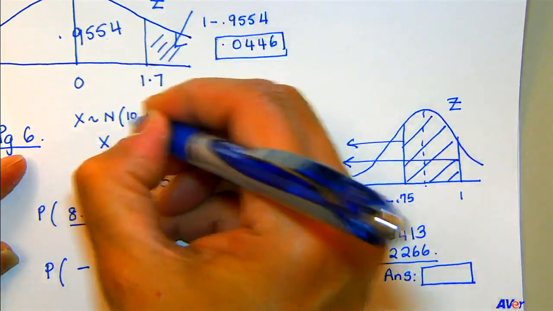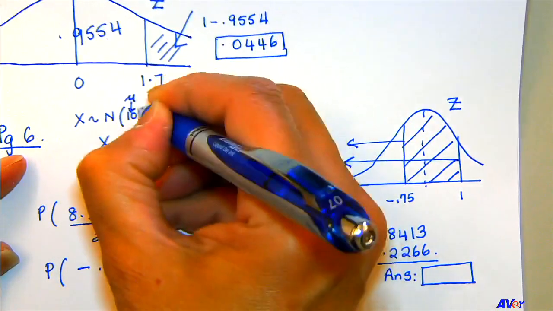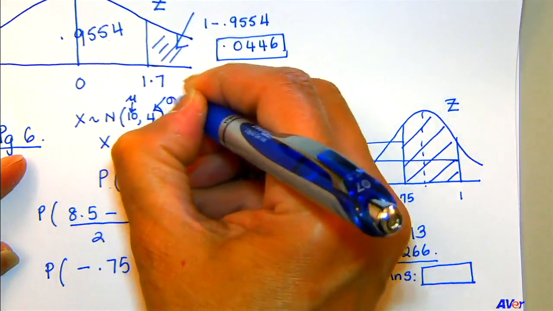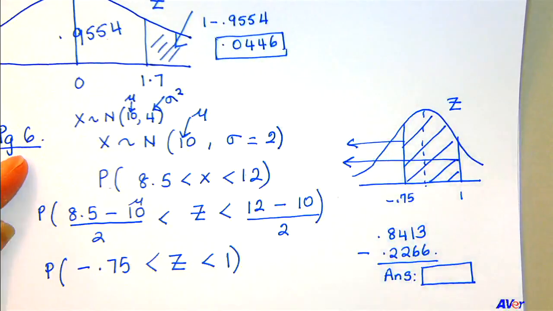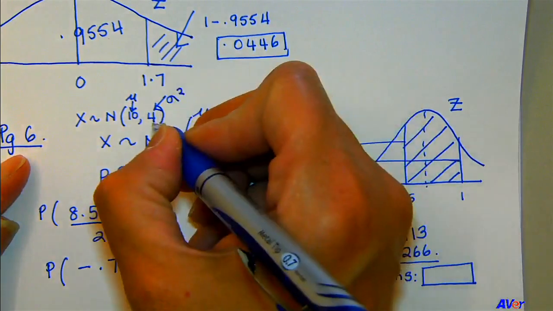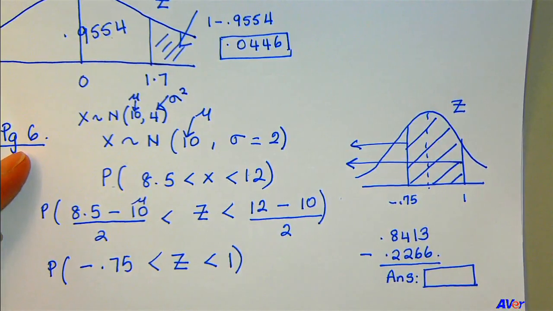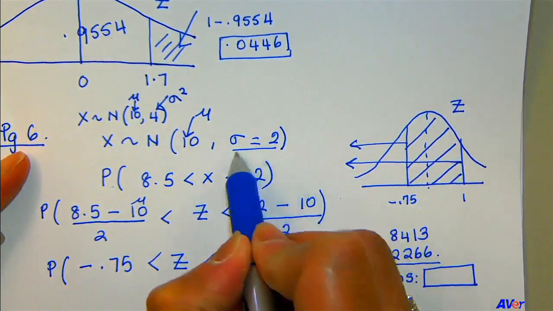So if they just give you two numbers, it's your job to understand that the first number is mu and the second number is sigma squared. Variance. The second number is automatically the variance unless they already take the square root and then give it to you as they did here.